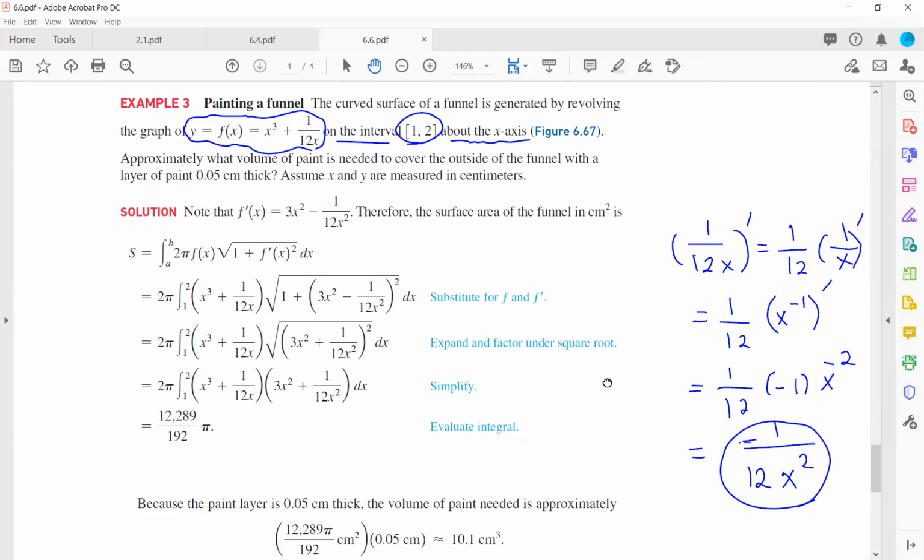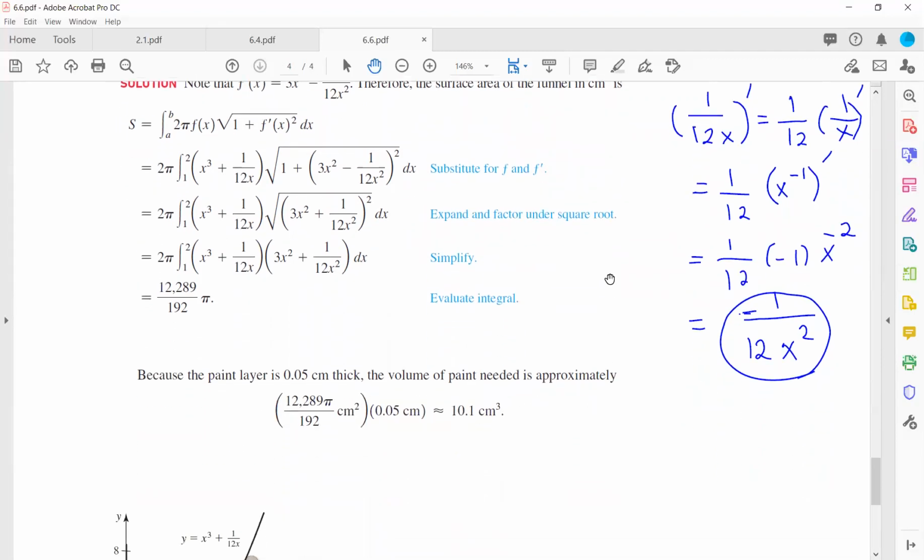Let me show you the detail here. Very well. We have square root of 1 plus, you raise 3x to the second power, which is 9x to the fourth.